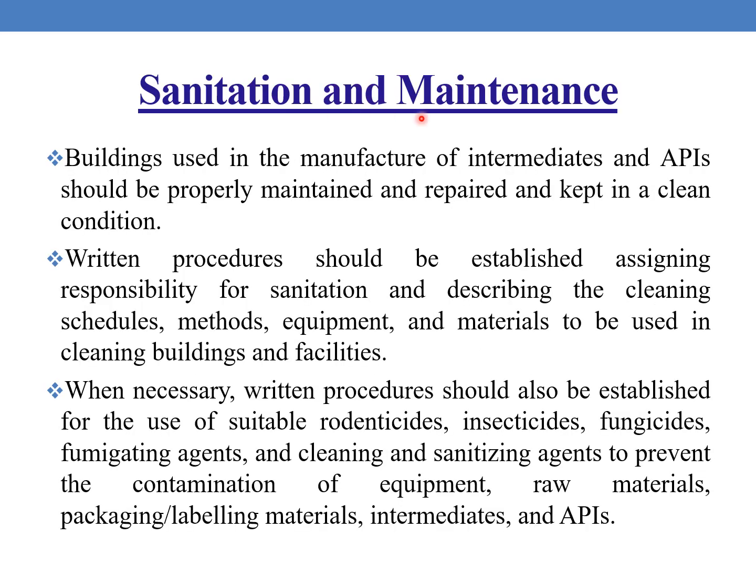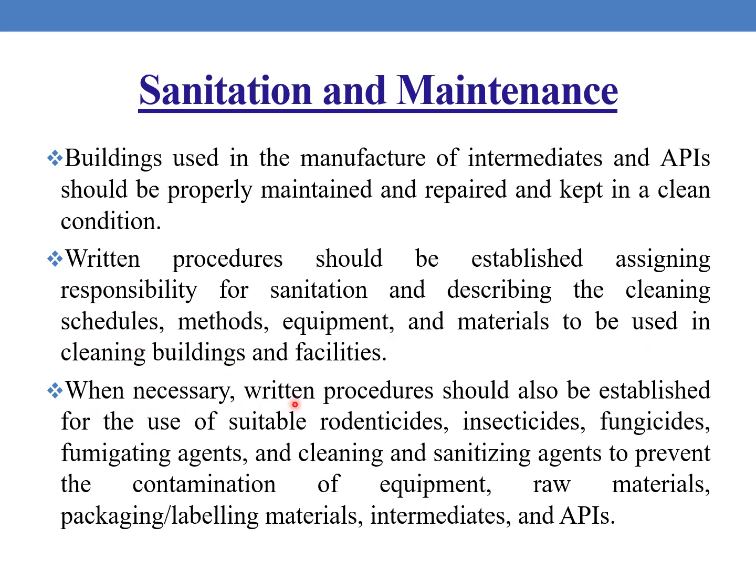Coming to sanitation and maintenance. Buildings used in the manufacture of intermediates and API should be properly maintained and repaired and kept in clean condition. Written procedures should be established assigning the responsibility for sanitation and describing the cleaning schedules, methods, equipment and materials to be used in cleaning buildings and facilities.